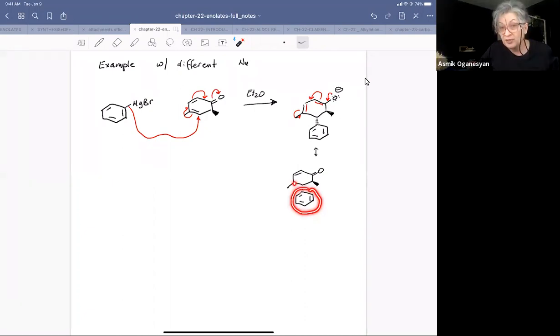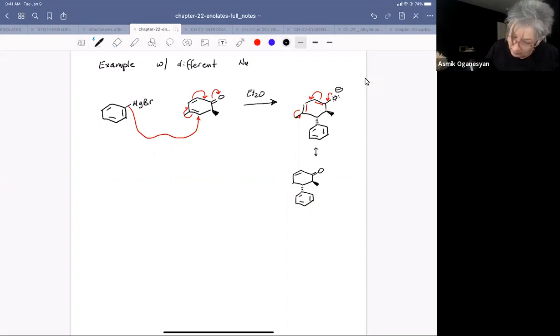So the electron density will be most comfortably coming from the top. And as it does, it's going to push your metal group down. So let's just erase this and put a proper dash over here. Negative charge on carbon, okay?